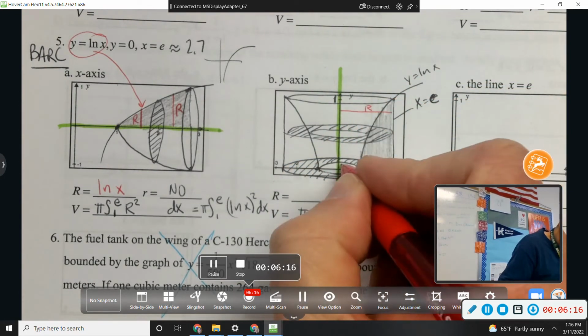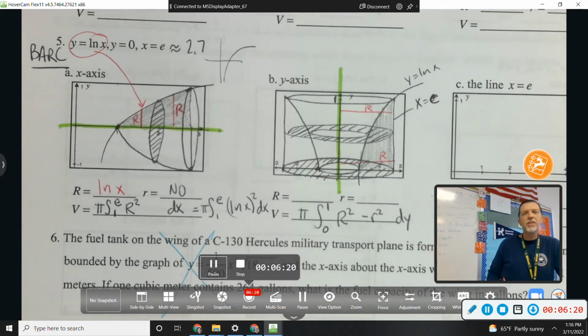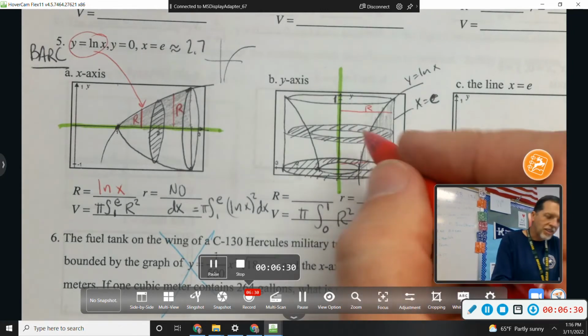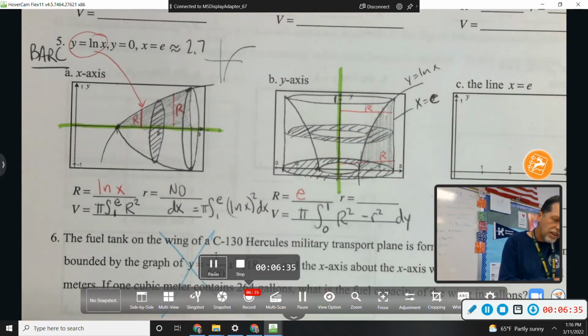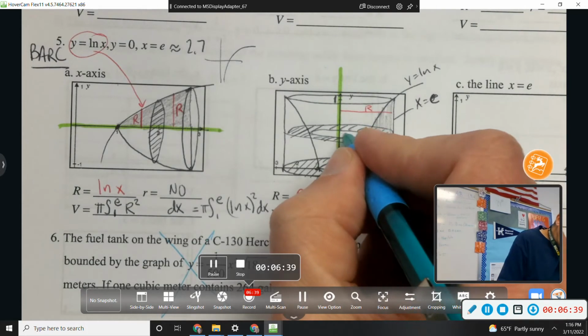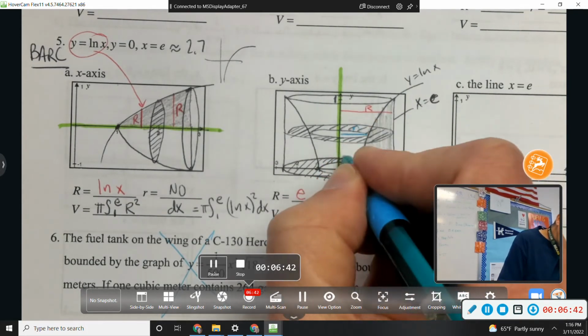Big R? What's big R equal to? Well, first of all, is it constant or is it changing? Big R is constant, so it's the outer edge of this shape. It's constant and it's e. Little r is changing.